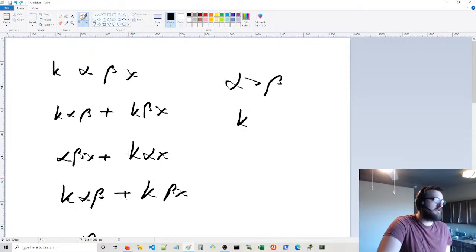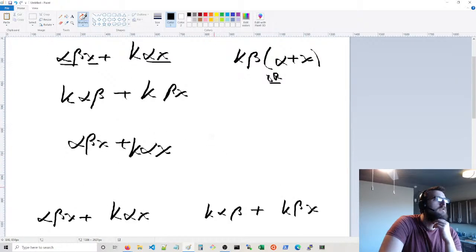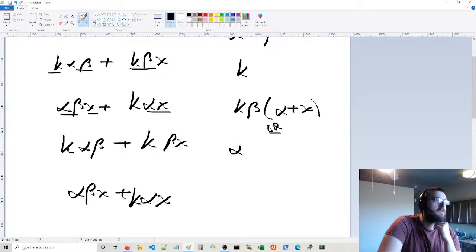So what's interesting is that you have alpha x twice, and here you have k beta twice, right? So you have k beta times alpha plus x, or this is the choice that you have to pick from, alpha x times k plus beta.